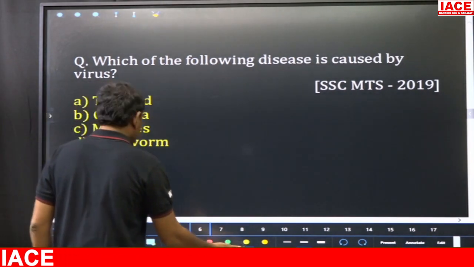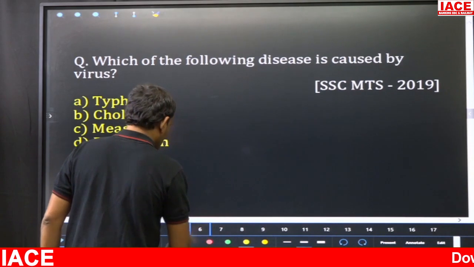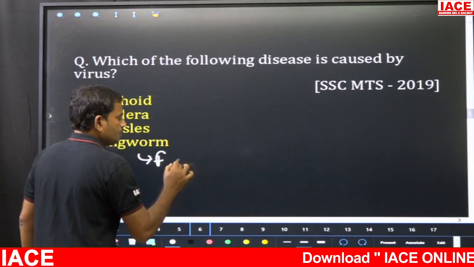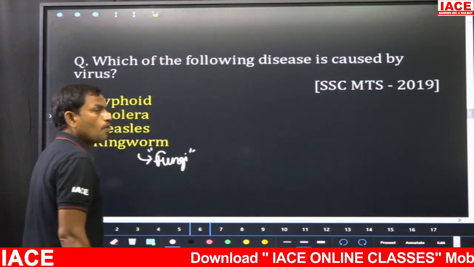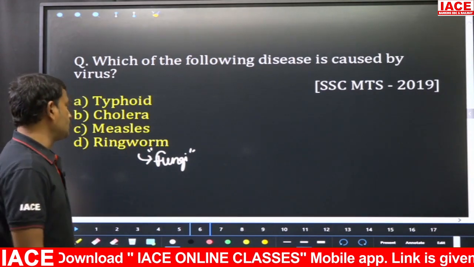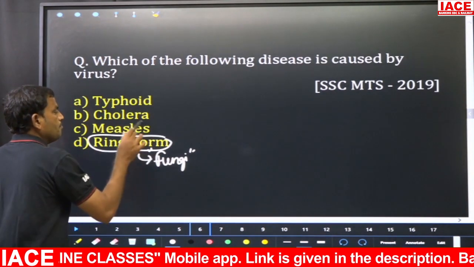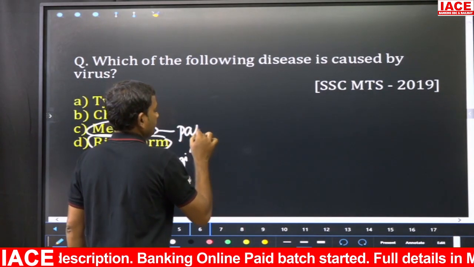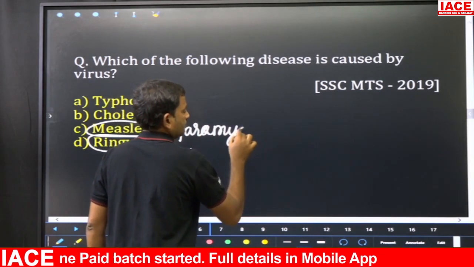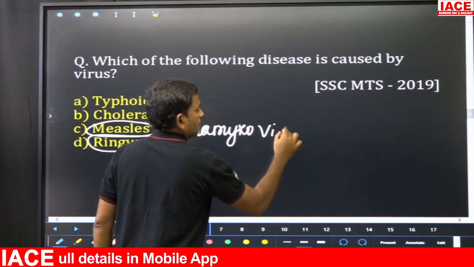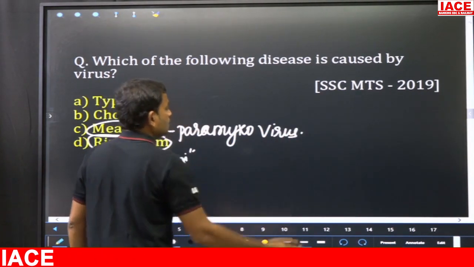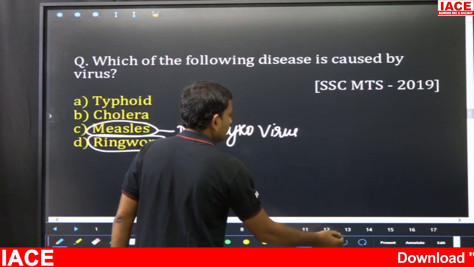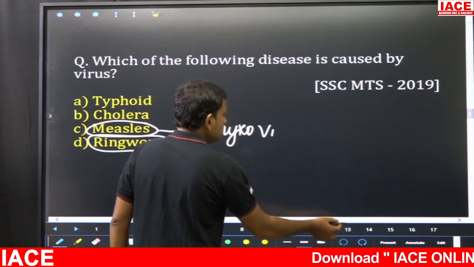Now option D, ringworm, is caused by fungi, either Microsporum or Trichoderma. Then measles. Measles is caused by paramyxovirus. This paramyxovirus causes the measles disease.